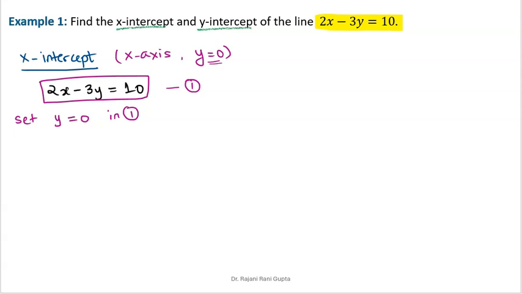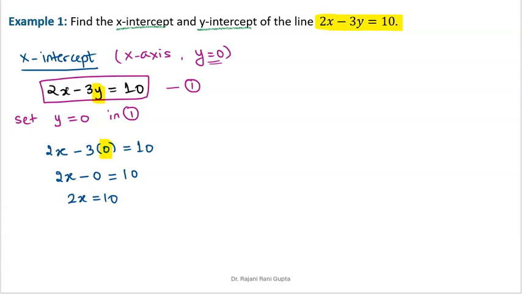You are just substituting y as 0, not changing anything else. So this gives you 2x minus 3 multiplied by 0 equal 10. Solving it, 3 multiplied by 0 is 0, so you get 2x equal to 10.